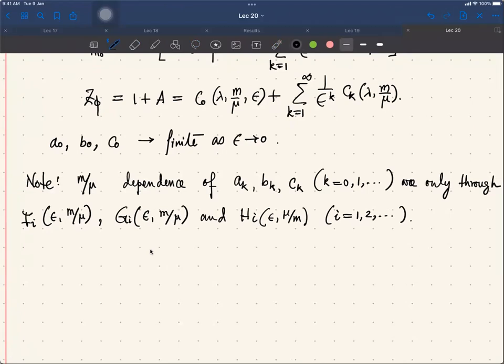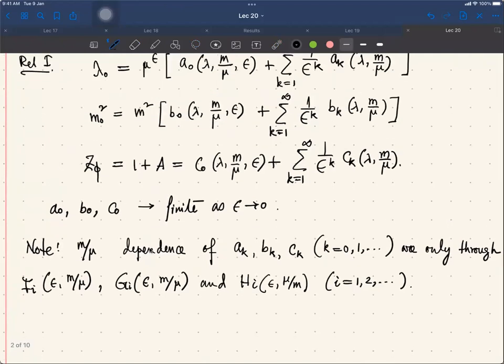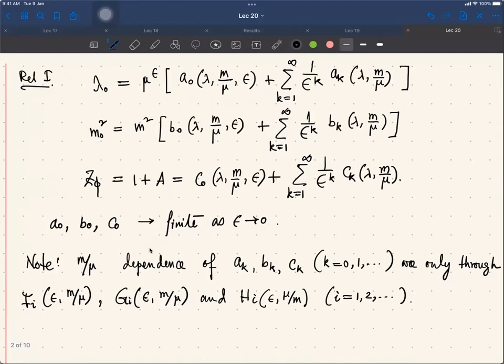If you set these finite ambiguities to be 0, then AK, BK, and CK, for all values of K, will become independent of the mass parameter.